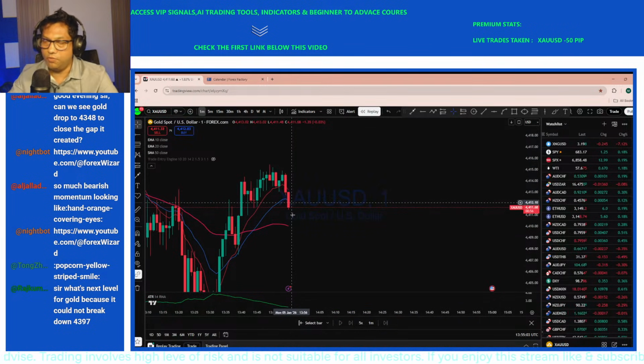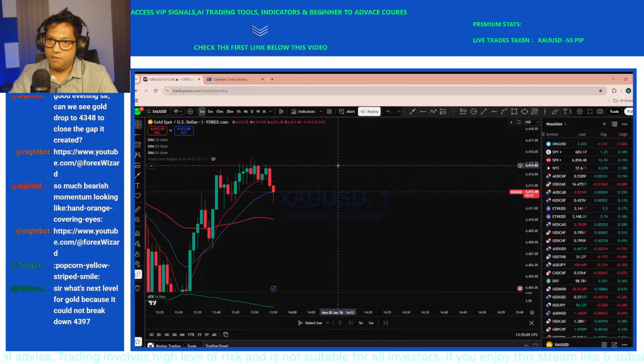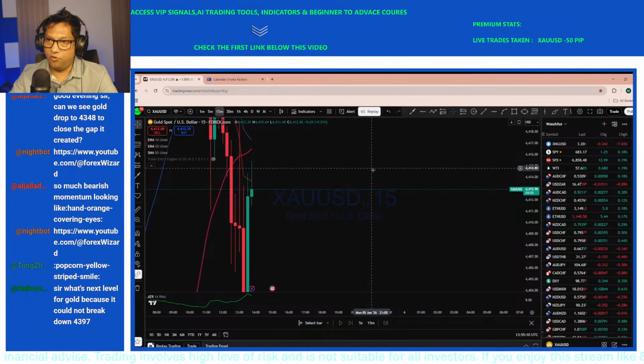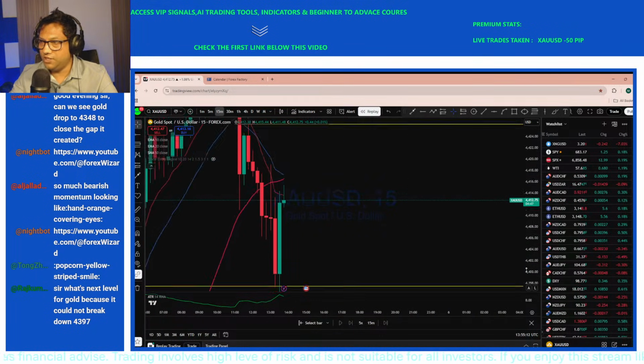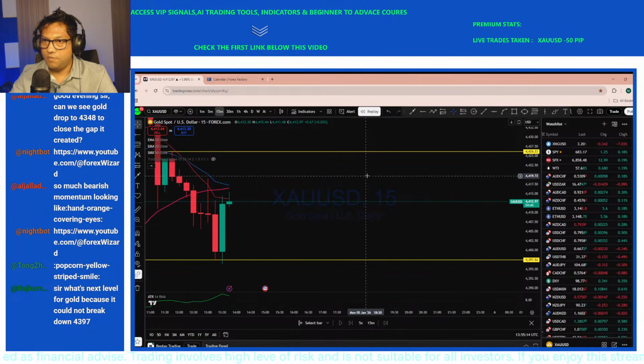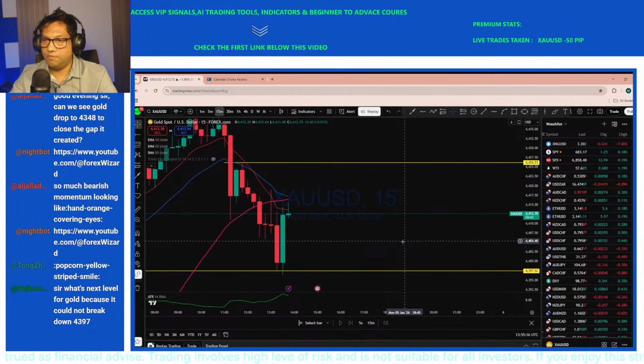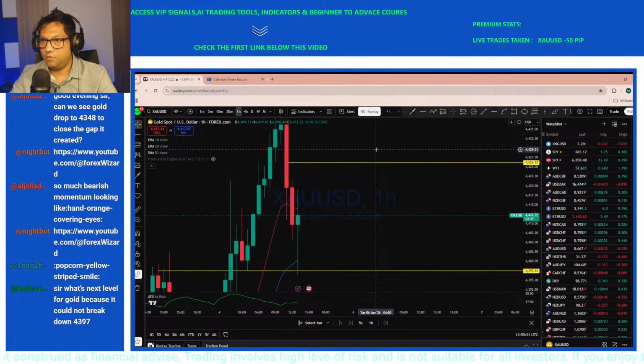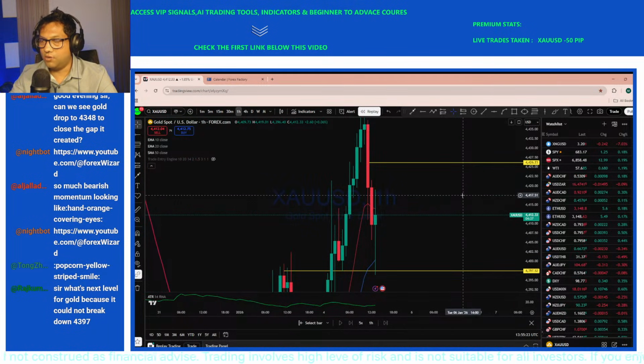Okay, so breaking below here, this is what we are looking at for possible another entry. This is the 15 minutes and also the 1-hour candle close.